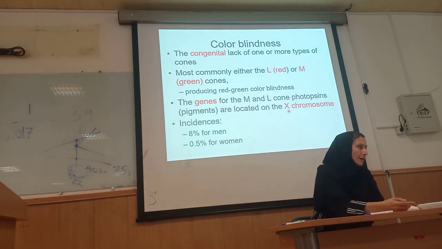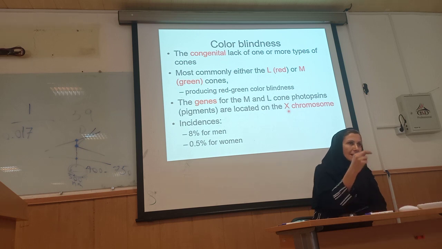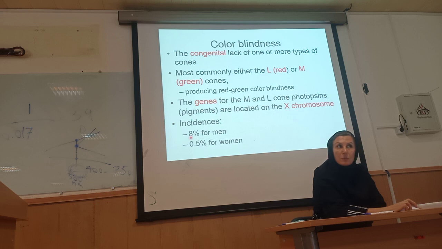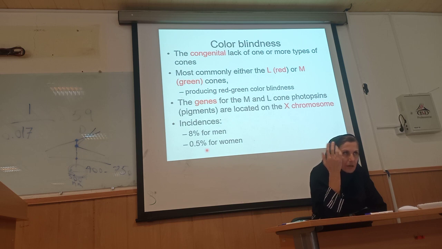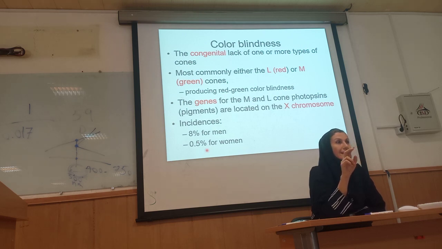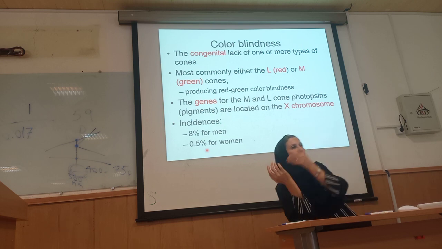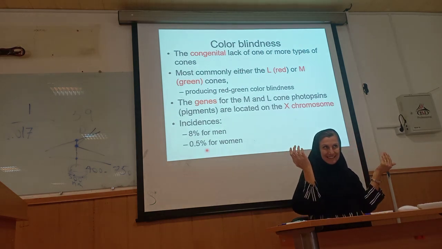So what happens? Because men have just one X chromosome, this color blindness can happen in 8% of men, but for women less than half of that. Because women have 2 X chromosomes, and if one of them has a problem, the other one compensates.